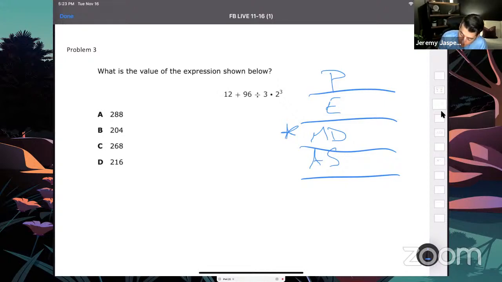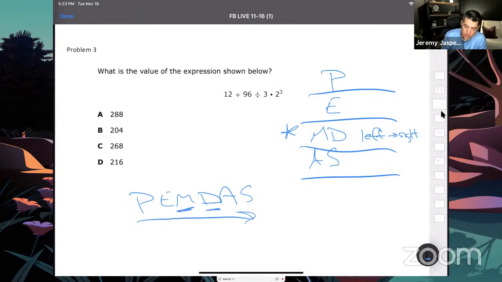What happens at this level is it must go from left to right, okay? Which means you do it like you would read words on the page, starting from the left and moving to the right, which is why when you do PEMDAS like this, some people will always do multiplication before they do division, no matter what, because they see it as PEMDAS moving this way.